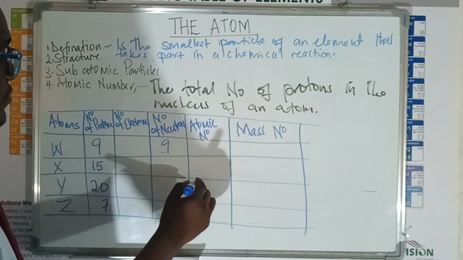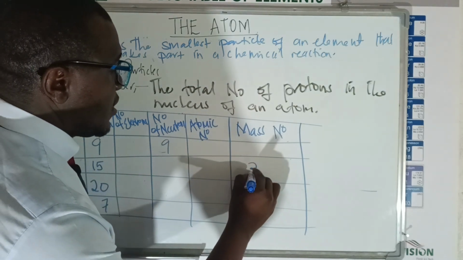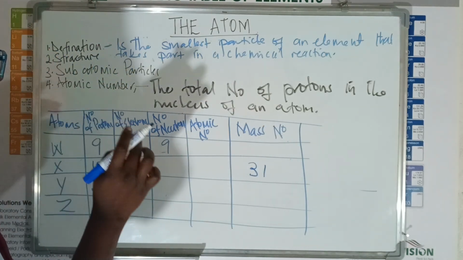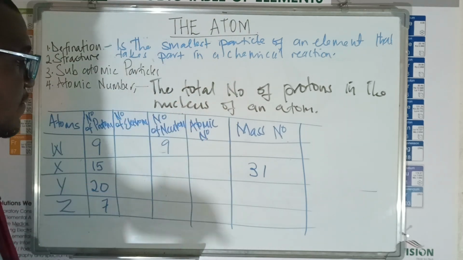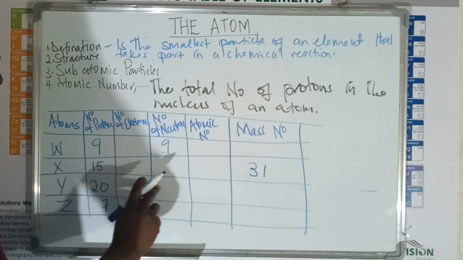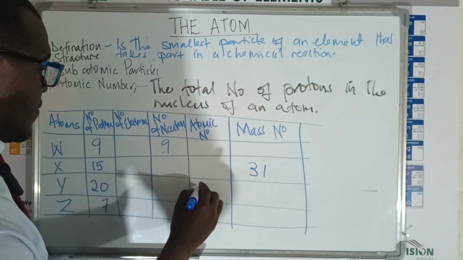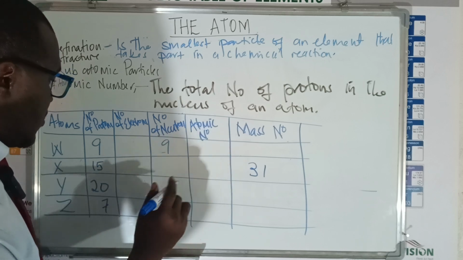Then here, you're given mass number to be 31. Then this part is left, this part is left, this part is left. Then here maybe the atomic number is not given.